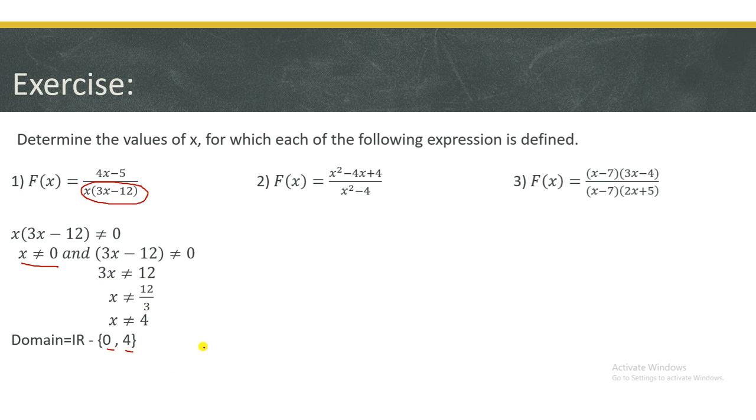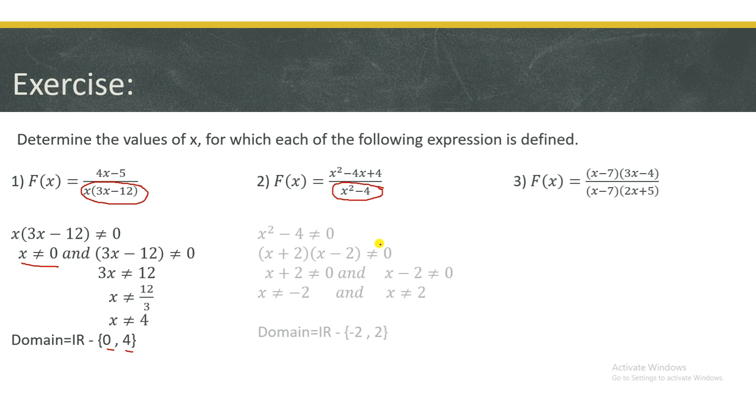Another one, you can pause the video and try to solve this. Okay, I will complete the second one. Look at the denominator, x squared minus 4, it does not equal 0.